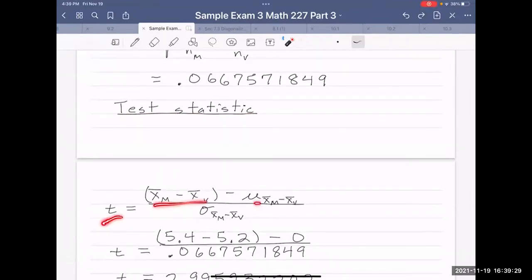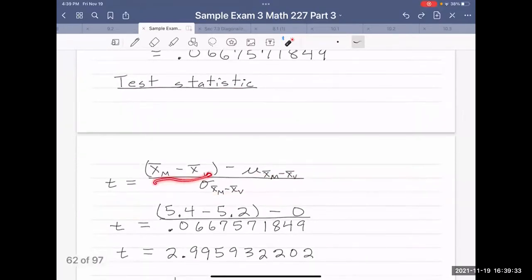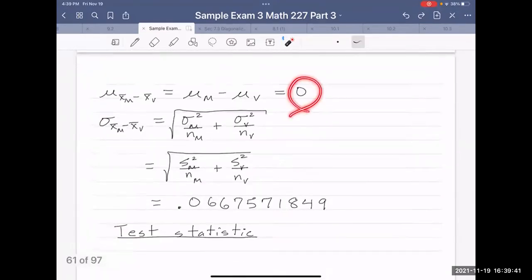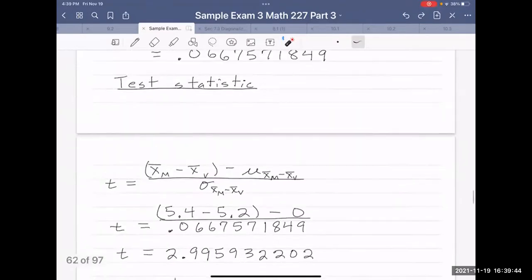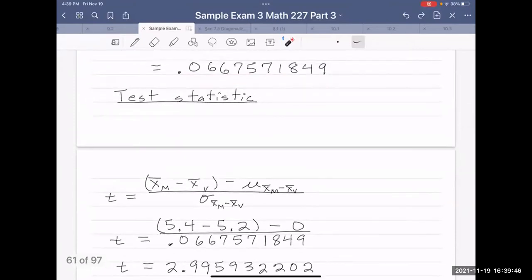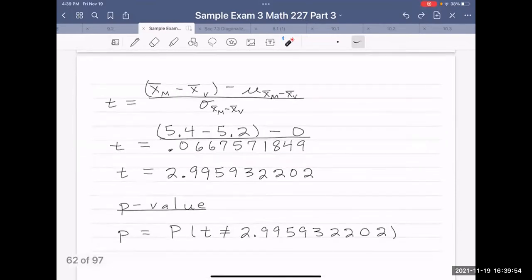Z equals X minus mu over sigma. So T is equal to the difference of their sample means, 5.4 minus 5.2, minus mu, which is 0, divided by sigma, which is 0.0667571849. And so I get 2.995932202.